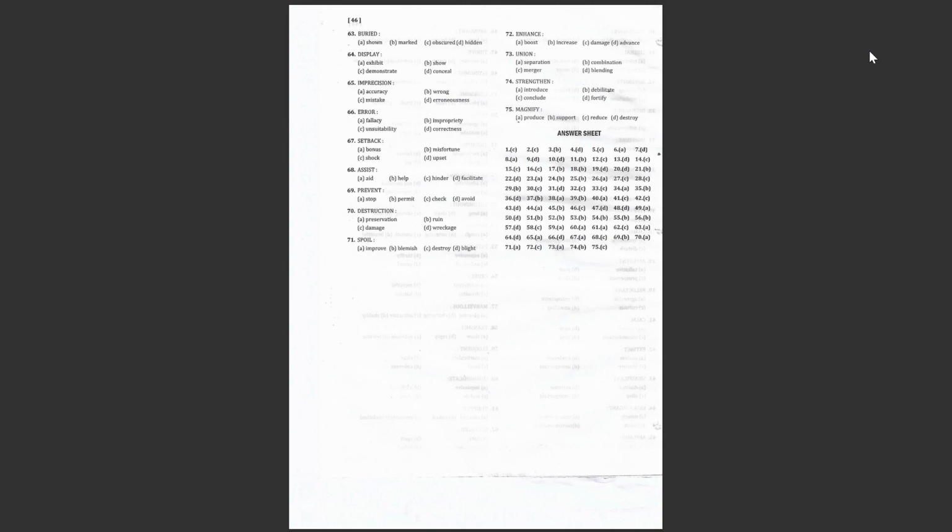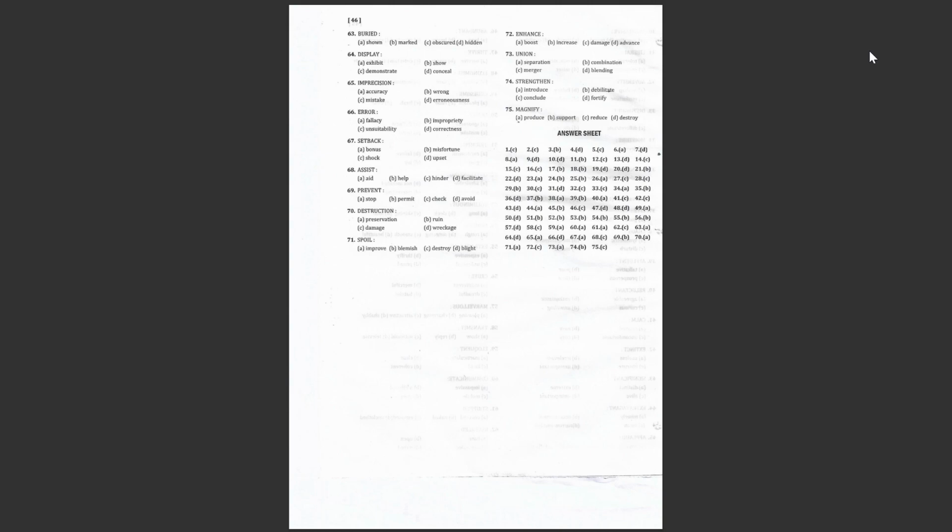Assist means to guide someone, to support someone, to aid someone, to help someone in their need. So if you look at the options, aid, help, facilitate means help and support. That is what assisting means.